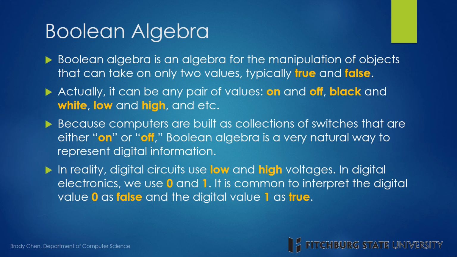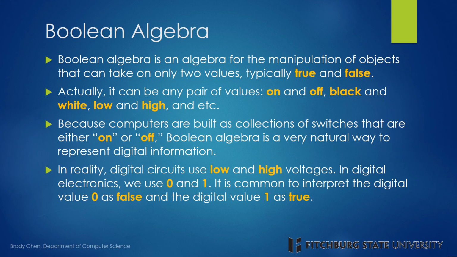So now in reality, the components used to build the computer systems are called digital circuits, and digital circuits use low and high voltages. Each signal can be sent either as a low or high voltage. In digital electronics, we typically use the binary numbers, two numbers.